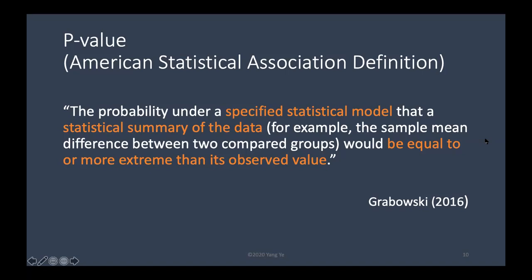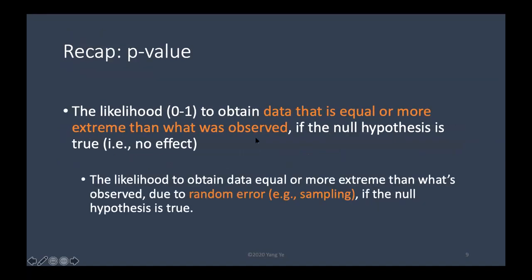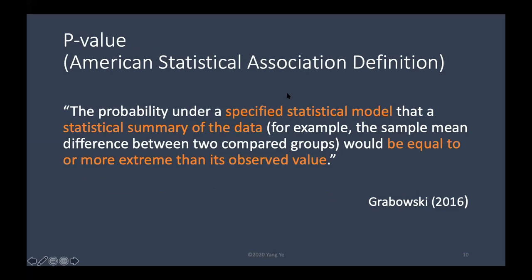Now, instead of saying data, it specifies that it's a statistical summary of the data, right? Previously I was saying how likely it is to obtain our data. Here it's basically saying that the data can be reduced to a statistical summary. For example, if you have two groups that you're comparing the sample means of, then you can calculate a statistical summary called a sample mean difference.